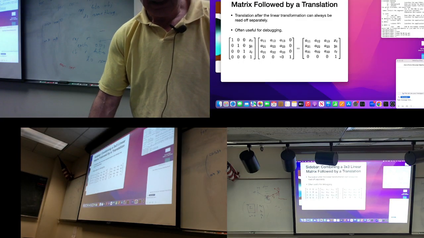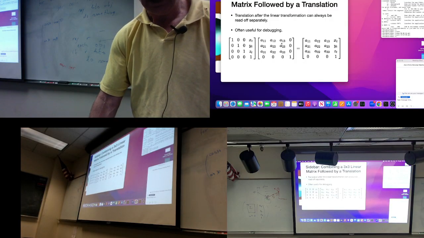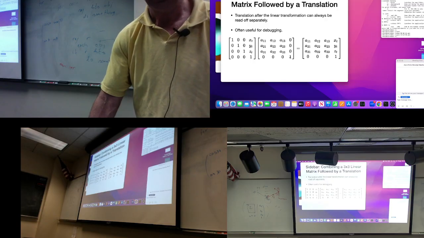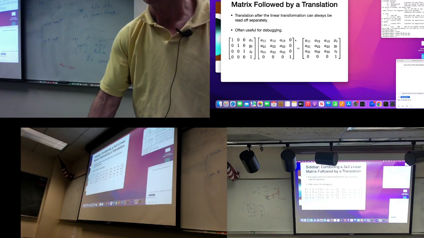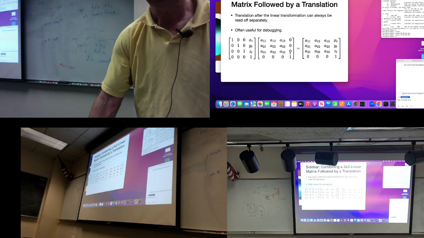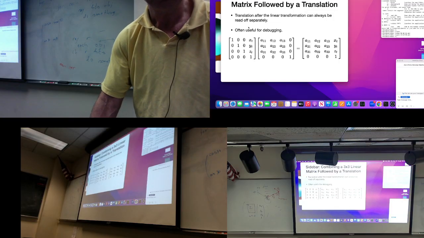Once again, any matrix that you have now in homogeneous coordinates is 4 by 4. Anything that you write where the right column stays as 1 implies a translation by these 3 numbers.